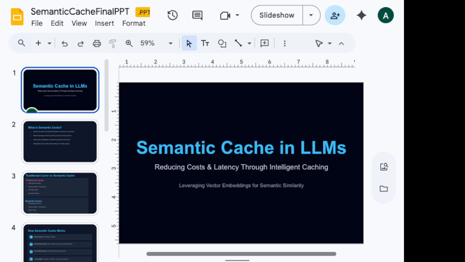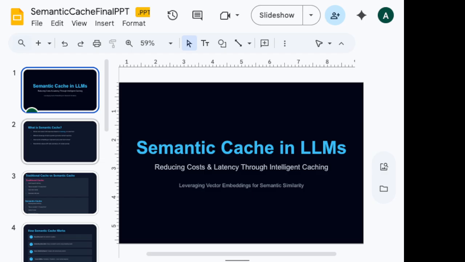That's a very old and known thing when we talk about caching. It's something we have been using for ages to improve the response time. Same thing we are leveraging, but in terms of vector embeddings and for the LLM models.